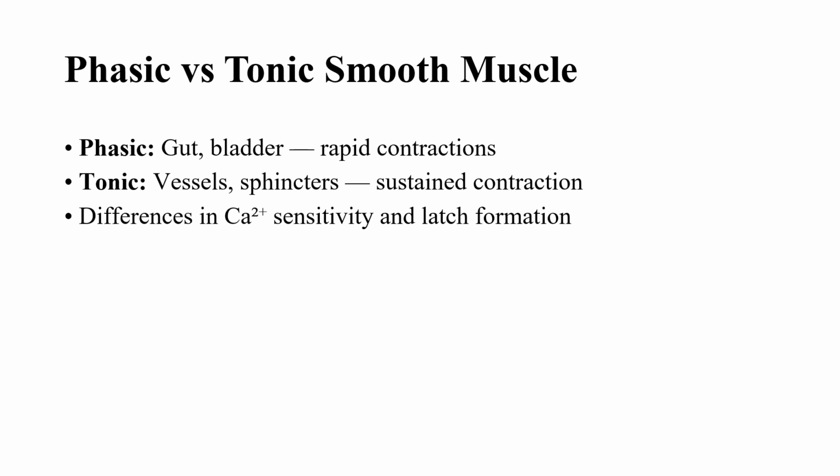Though both types use the same contractile machinery, they differ in calcium ion handling, myosin phosphorylation, dephosphorylation rates, and ease of entering the Latch-Bridge mechanism. In simple terms, phasic equals rapid rhythmic bursts, tonic equals steady energy-efficient maintenance, a useful way to classify smooth muscle function across organs.